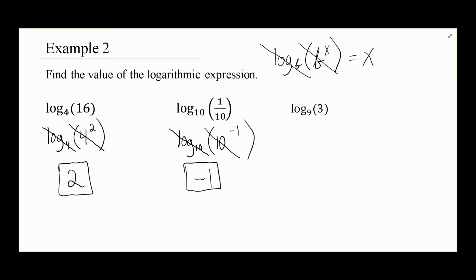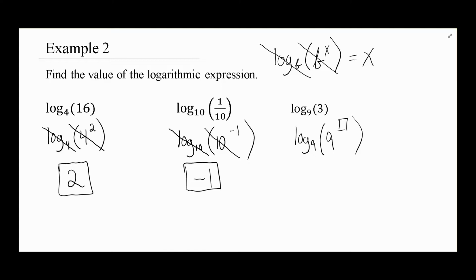Let's step it up in difficulty one more notch. For this third one here, we do want to do the same idea. We want to say we've got a base 9 log, so let's try to rewrite this as 9 to some power. So how do we rewrite 3 as 9 to a power?